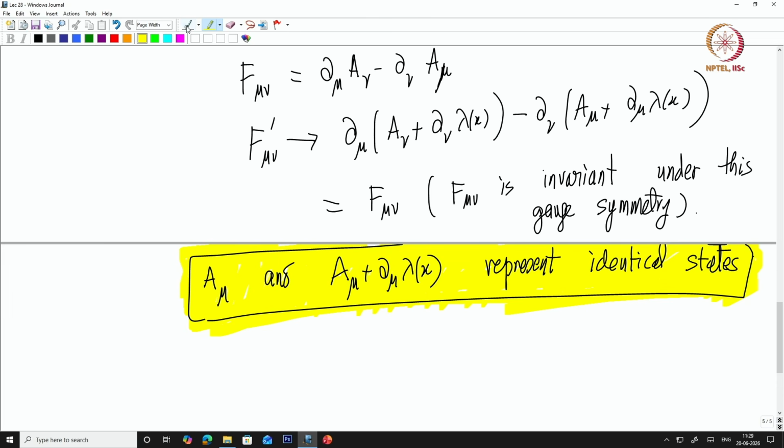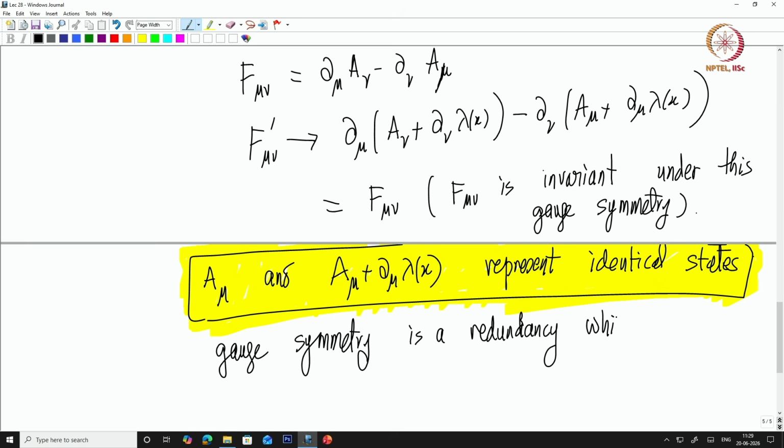So gauge symmetry is a redundancy, which has to be dealt with somehow. We will see the methods to fix this.